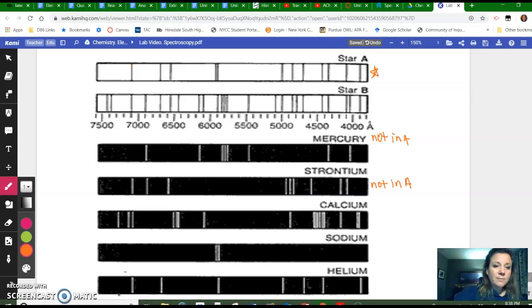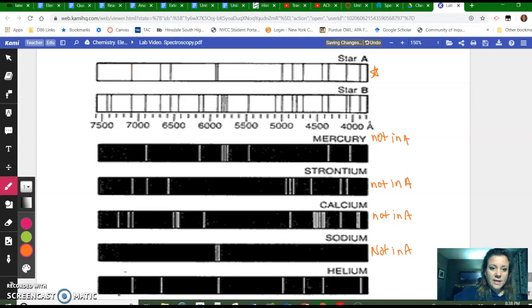Looking at calcium, my first spectral line for calcium is not in A either, so I know that calcium is not there. And here I've got sodium, and sodium looks like it's a little bit off. So I'm going to say no to sodium.